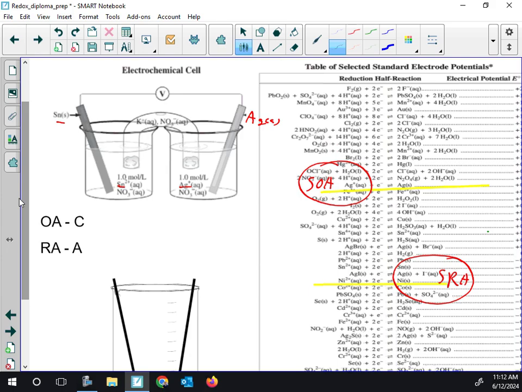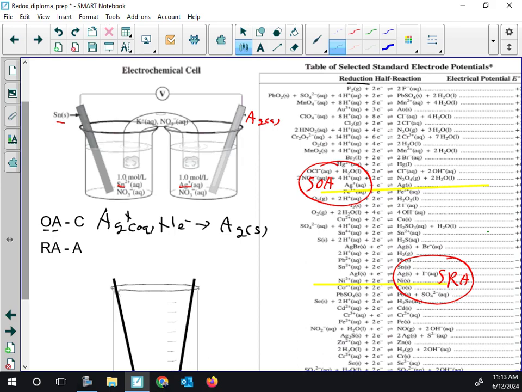So the best OA, which is going to react at the cathode, we can just pull that right from our table because that's a reduction. So we're going to have silver plus aqueous plus 1 electron, making elemental silver. The strongest reducing agent is going to occur at the anode.